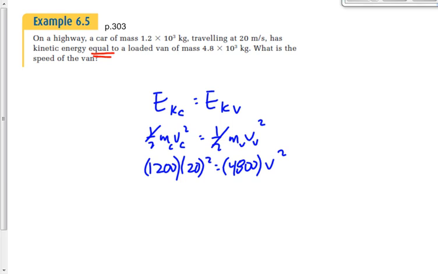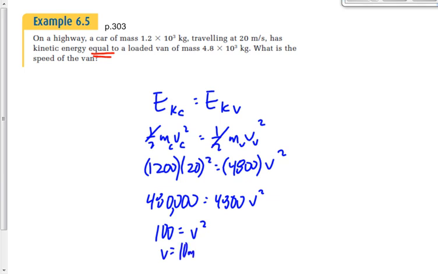Well, 20 squared is 400. 400 times 1,200 is 480,000. That equals 4,800 times v squared. 480,000 divided by 4,800 would be 100, I think. Somebody check that. We're going to square root that now, and we're going to get v is equal to 10 meters per second.